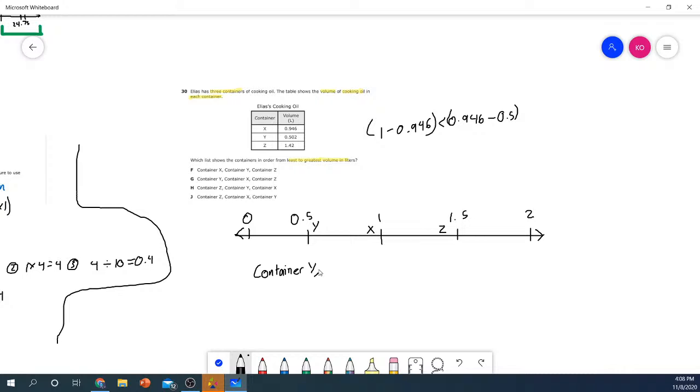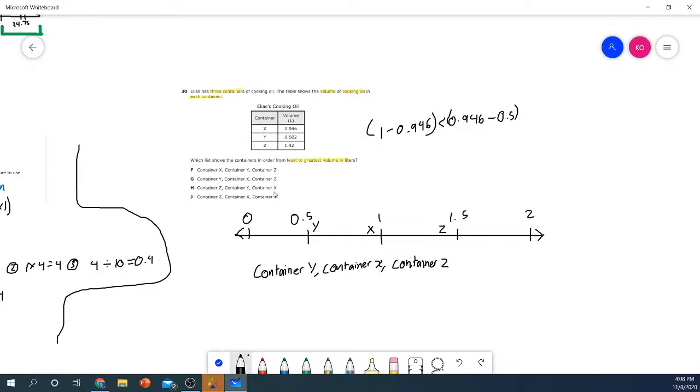And remember our rule, the left is the least. And then container X is in the middle of Y and Z, so it would be the middle number. And container Z is on the rightmost side, and therefore would be the greatest.